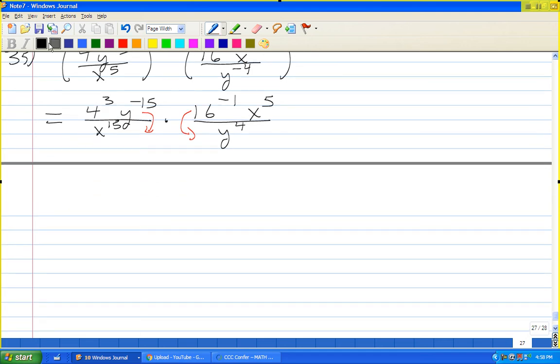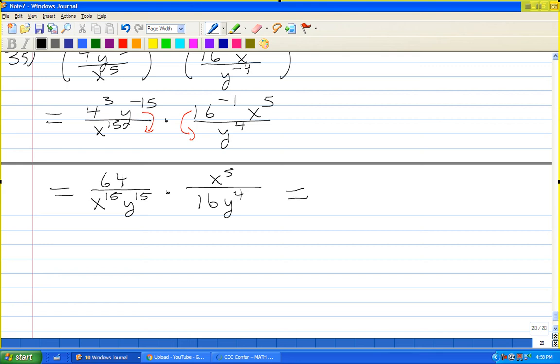So you get 64 over x to the 15, y to the 15, times the 16 goes down. The x to the fifth and y to the fourth remain in the same location. 64 divided by 16 is 4.